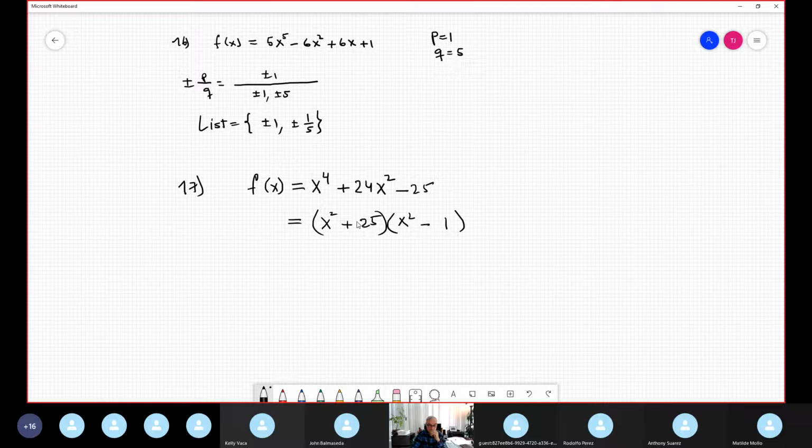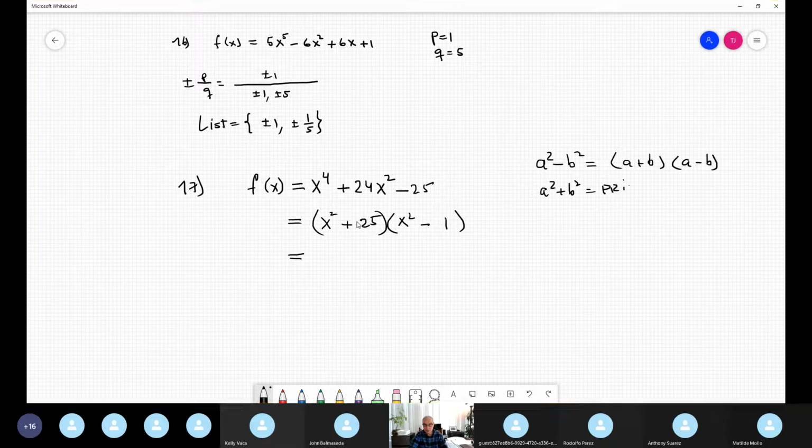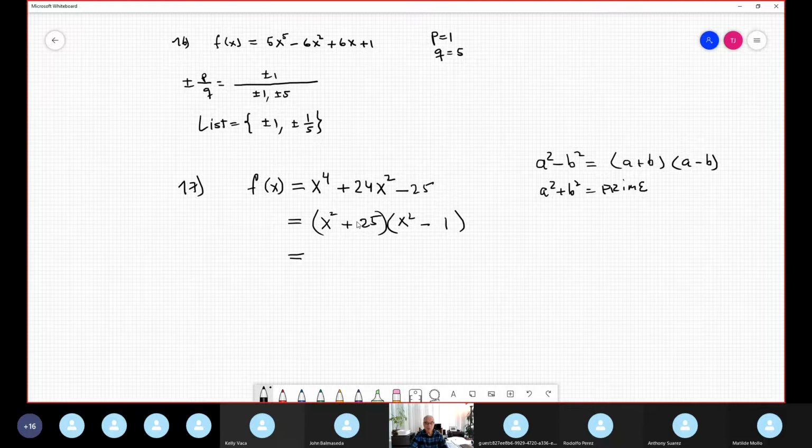And do we finish? No, we continue, because I can see that we have here a difference of squares. It's important to understand that the difference of squares is a factorable expression, a very well-known formula. However, the sum of squares is prime. We cannot factor that, at least in the real field.